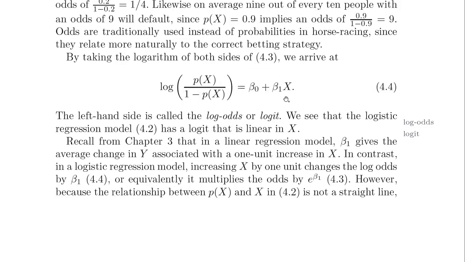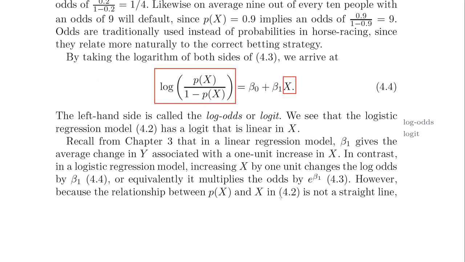It just means that the logit is linear in X. Meaning, if you were to plot this against this, it will be a linear relationship. That's all we're saying.